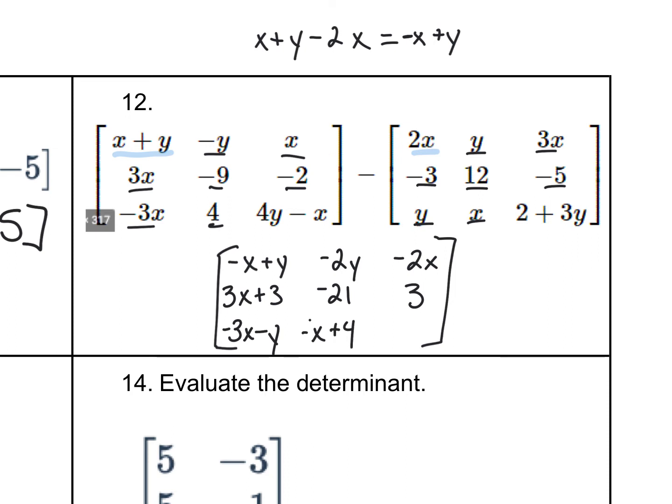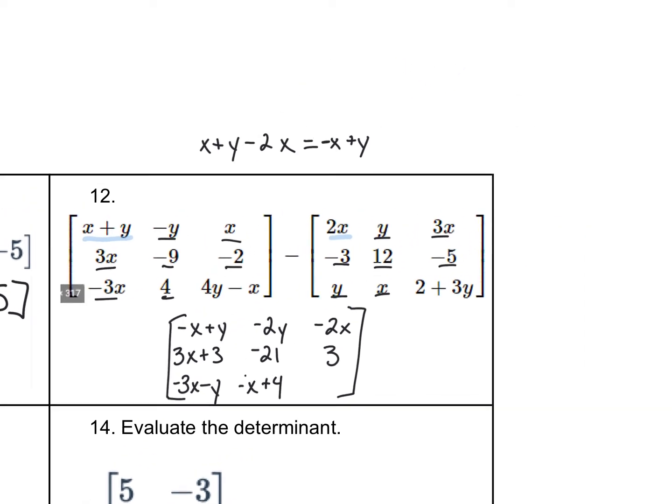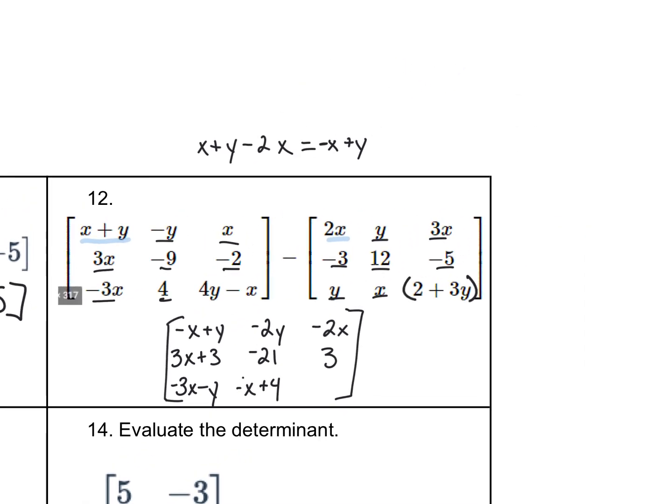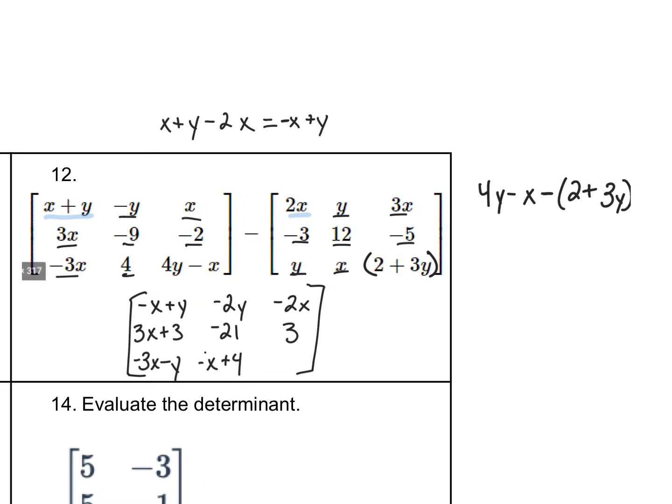And last but not least, 4y minus x, and then minus 2 plus 3y, okay? This is the only one you have to be extra careful on. Since we are subtracting this whole thing here, this really looks like this: 4y minus x minus 2 plus 3y, which means that negative has to be distributed there. So 4y minus x minus 2 minus 3y.